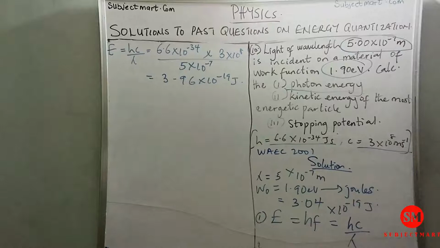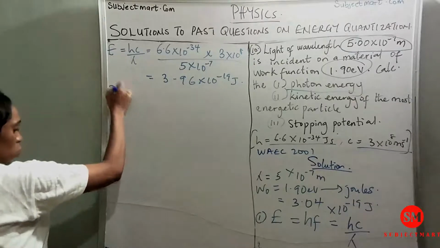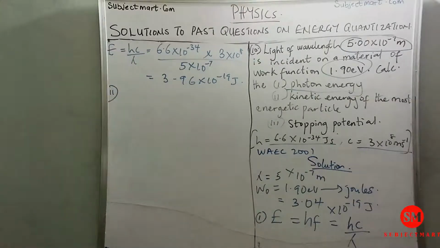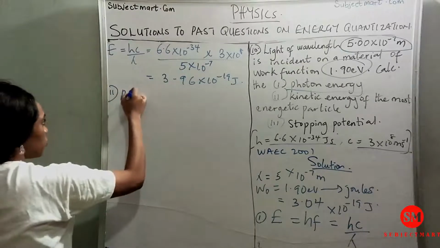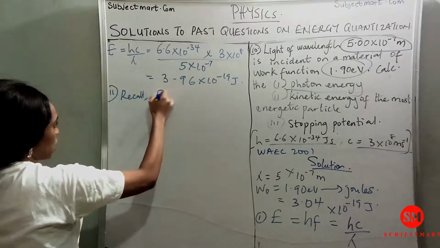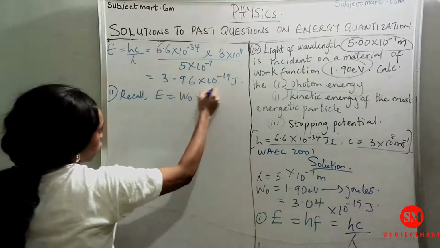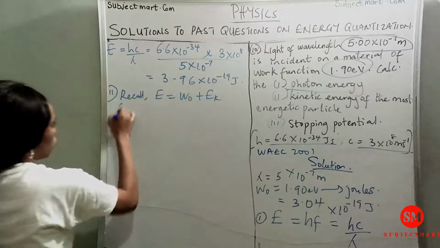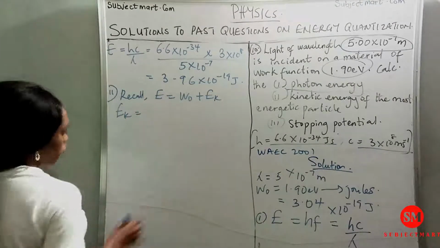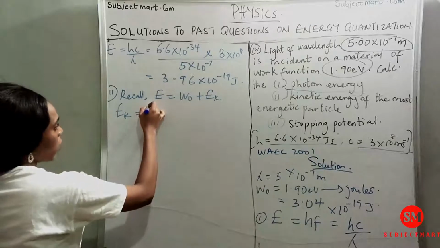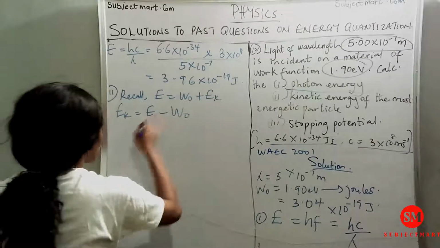The next question says the kinetic energy of the most energetic particle. So we recall that E is equals to W naught plus EK. So if we make kinetic energy the subject of the formula, we will be left with E minus work function.